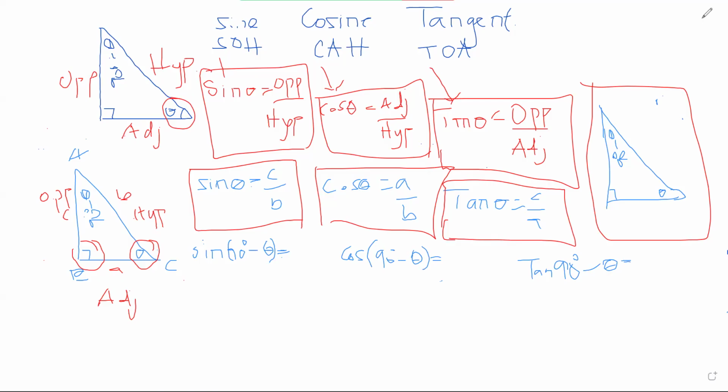Okay, so in this bit, what are we going to do next? The first thing we're going to look out for is that we have to locate our adjacent side this time around. You have to be very careful and understand that you are no longer dealing with theta. So this is out of the equation.